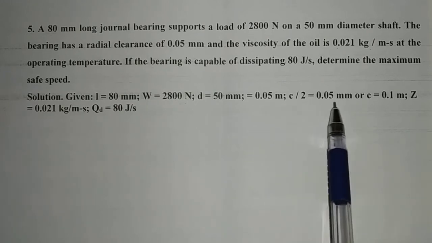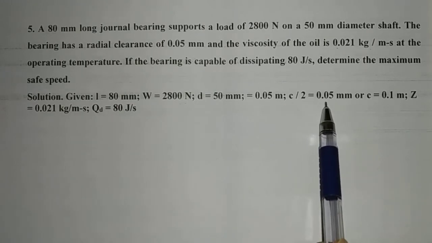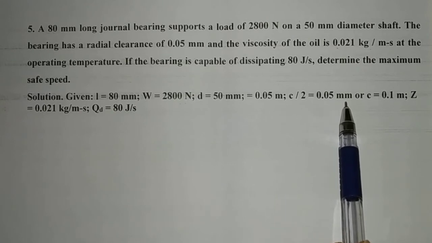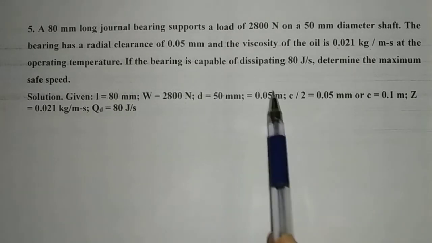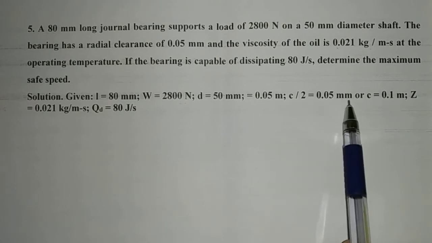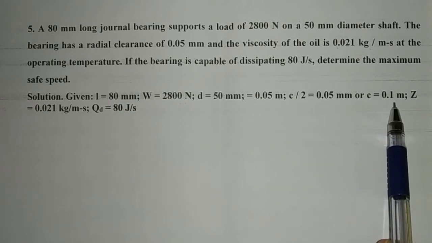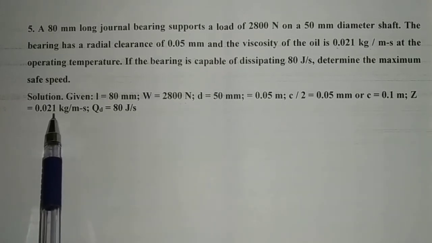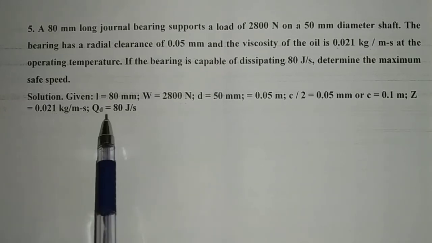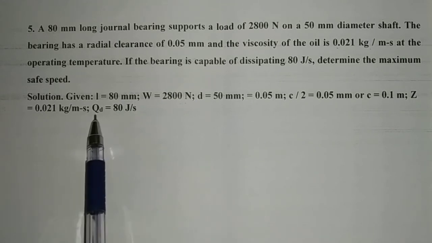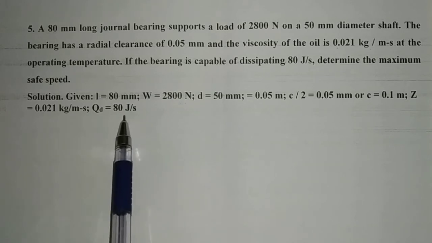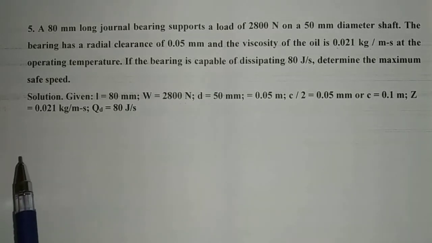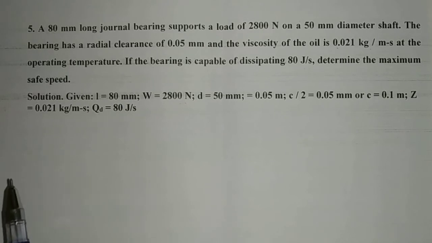C by 2 is equal to 0.05 mm, the radial clearance, or C is equal to 0.1 mm. Viscosity Z is equal to 0.021 kg per meter second, and QD, the heat dissipating capacity, is equal to 80 joule per second. So we have to find the maximum safe speed.